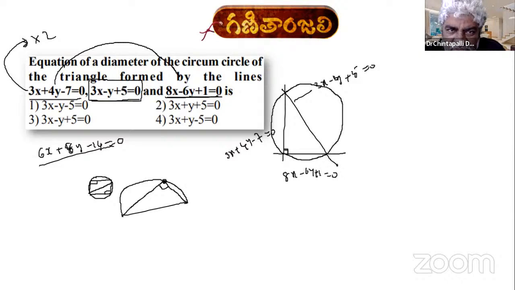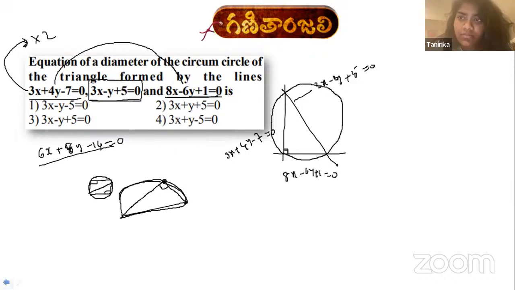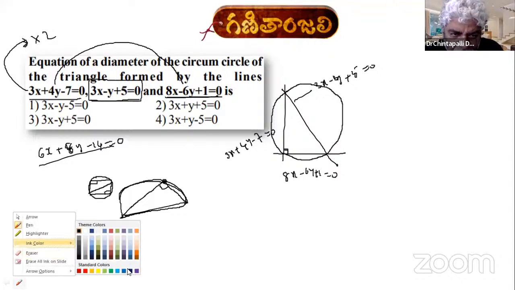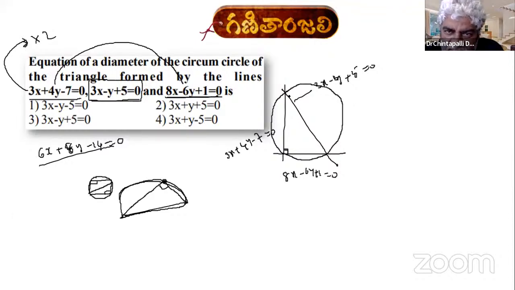So this angle must be 90 degrees. If it is a semicircle, its angle is 90 degrees. Its reverse is, if the angle is 90 degrees, it is a semicircle. What is a semicircle? See, this is a semicircle.